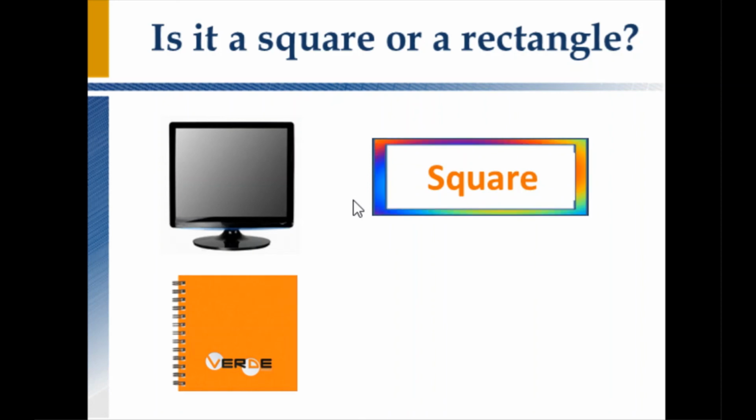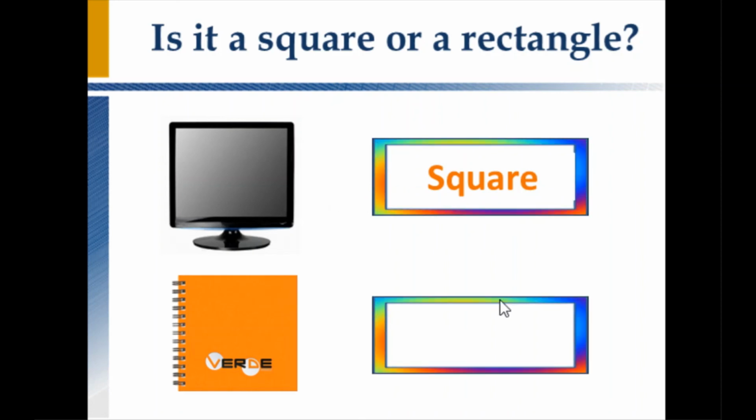Very good. It is shaped like a square. Look at all the sides. The sides are all equal. Very good. The television and the notebook are shaped like a square. Good job. How about the next one?